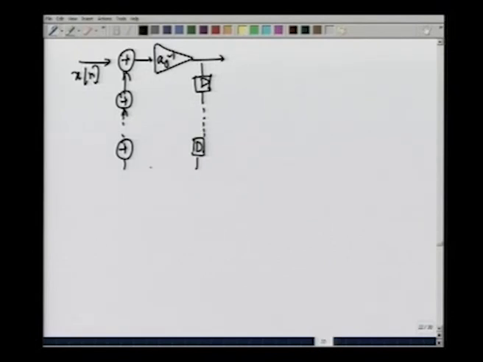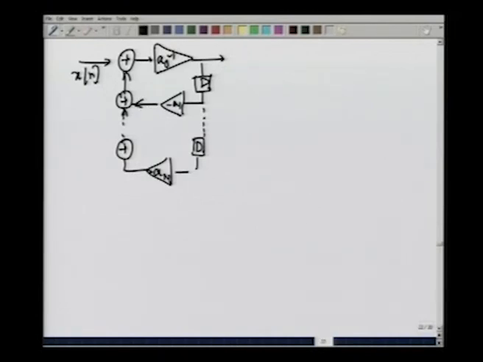Now, this delay was scaled by minus An, this similarly would be scaled by minus A1, and this would get into this and so on.